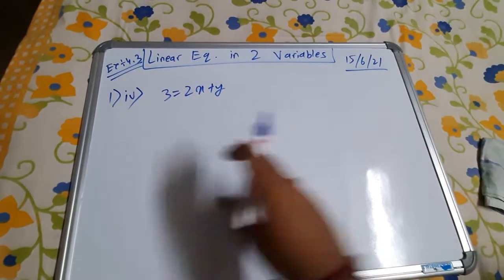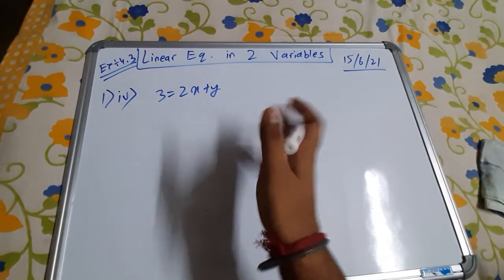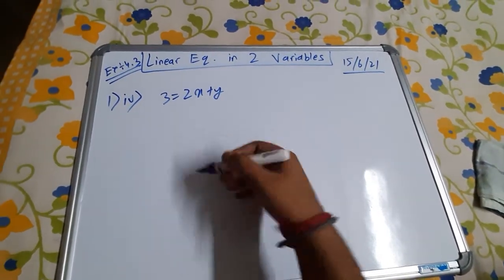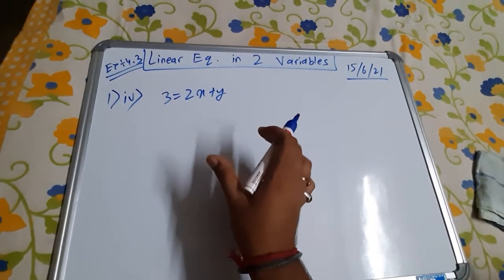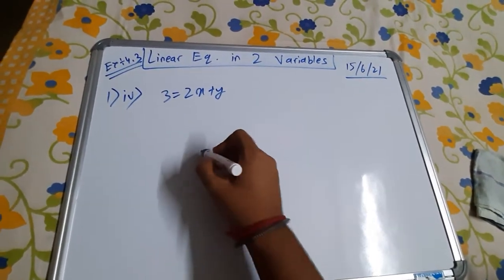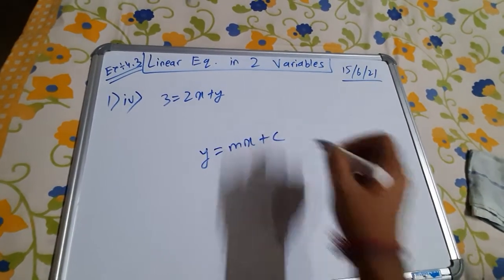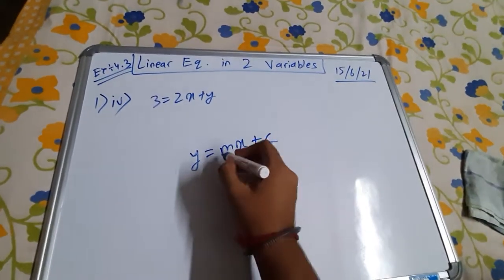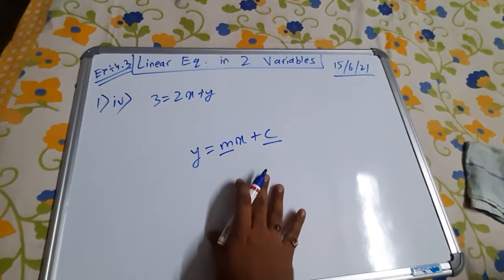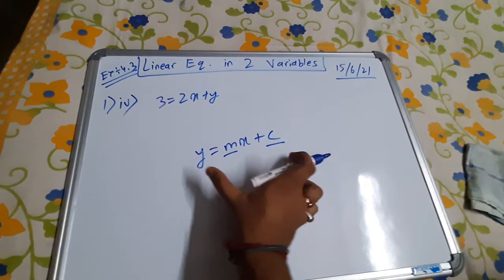Now I have told you during the class, or I don't think that you remember this thing, you will learn in higher classes, that the equation of a straight line has a certain form. That equation looks like this: y equal to mx plus c, okay, where m means a particular thing and c means a particular thing, which you don't need right now, okay. But what you need is the form of this equation.